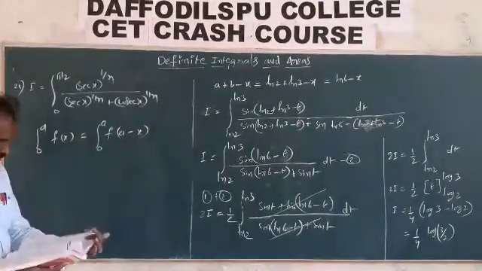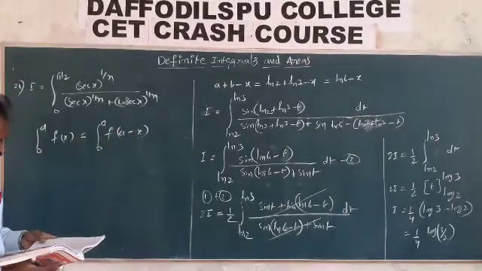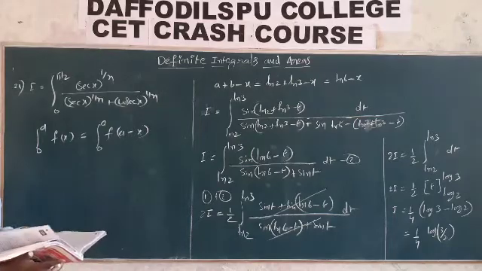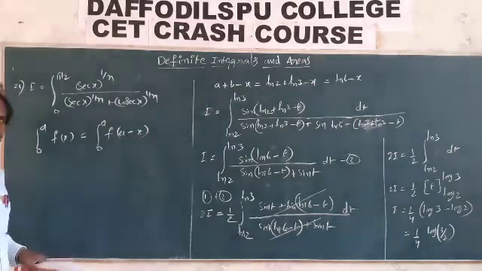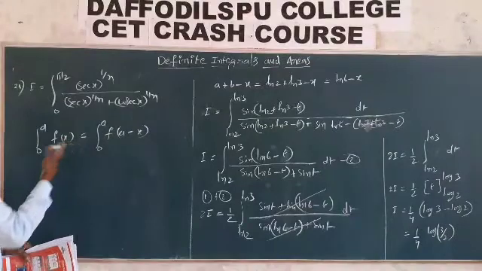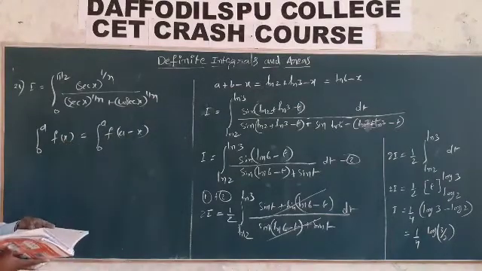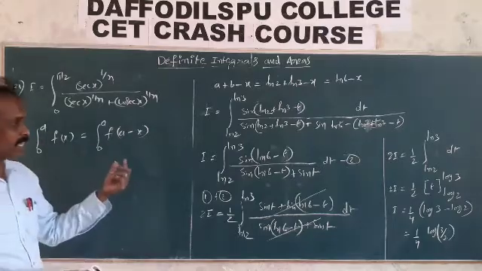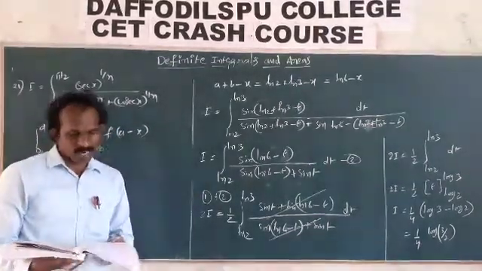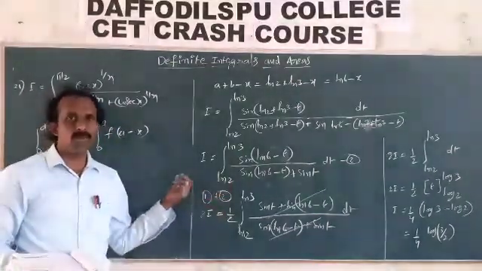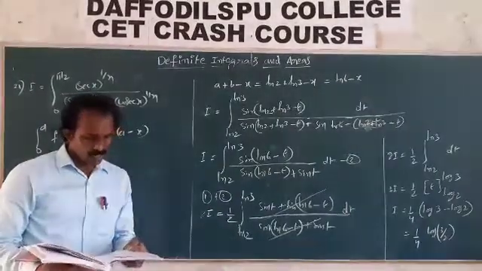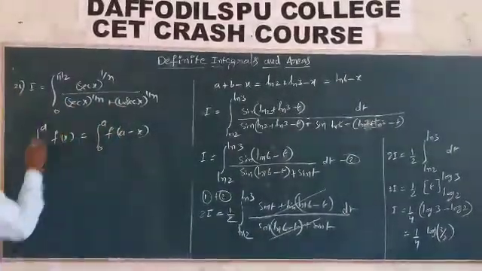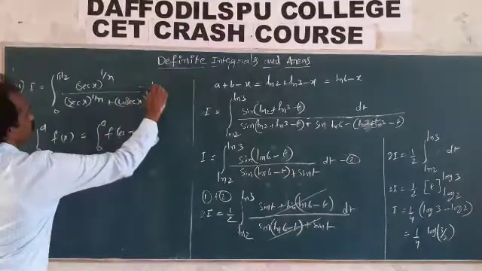Clear? And this problem 22 is also from 0 to 2a, so apply the same property. And 23, 4 to 7, means a plus b is 4 plus 7, 11 minus x, so the denominator and numerator will cancel. Now apply it for this one: this is the first equation.